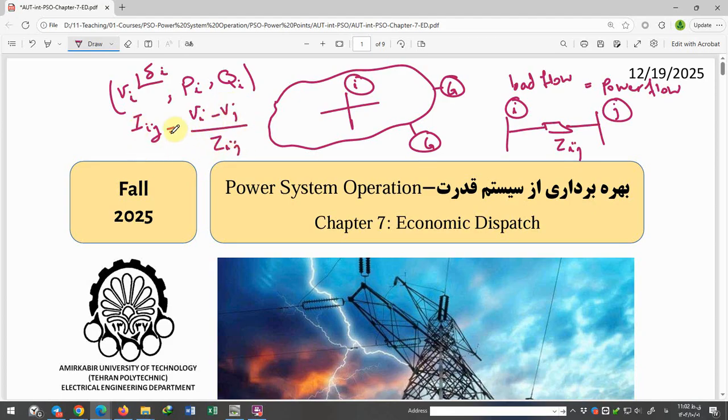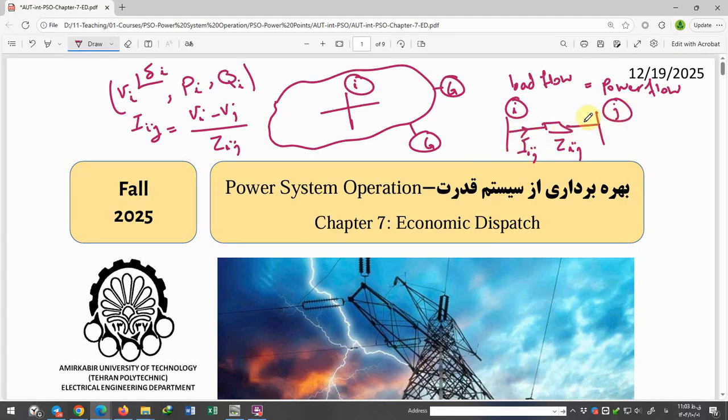All of the parameters are vectors. After you find I, you can determine whether this current is suitable for the transmission line or not.